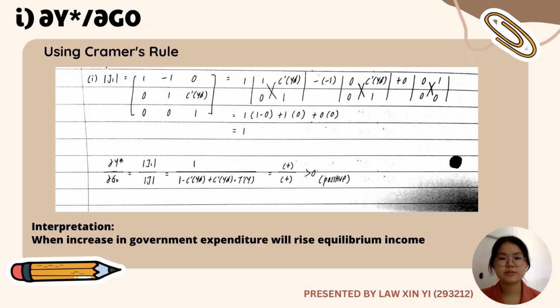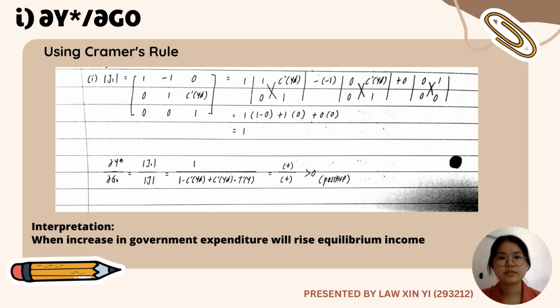To apply Cramer's rule, we need to find the determinant of the Jacobian matrix J. We can refer to question A for the determinant of the Jacobian matrix. Next, we are going to replace each column of the Jacobian matrix with the column vector on the right-hand side of the equation.